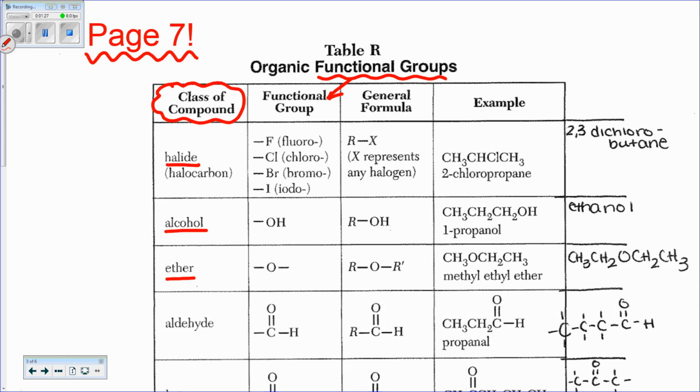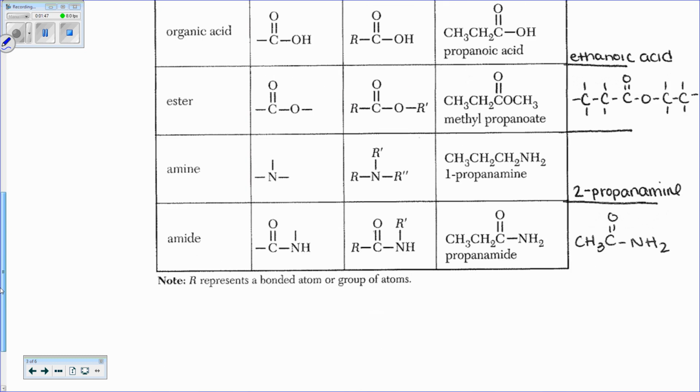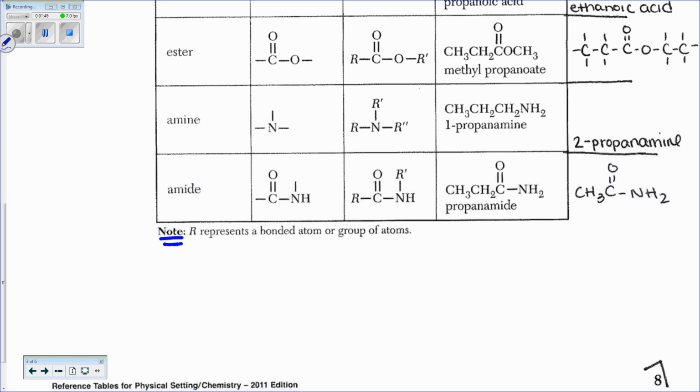I'm also going to look at the general formula. Now, this is what's important. In your general formulas, you're always going to see this R, this RX, ROH, ROR, with 2 R's. So if you want to look at the very bottom of this page, you can see that it says notes.